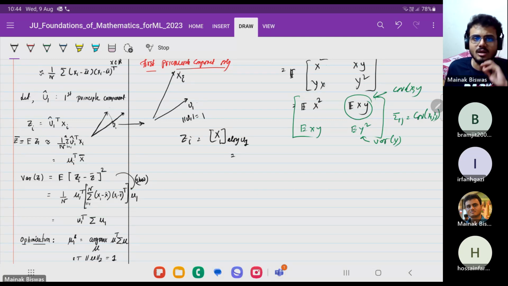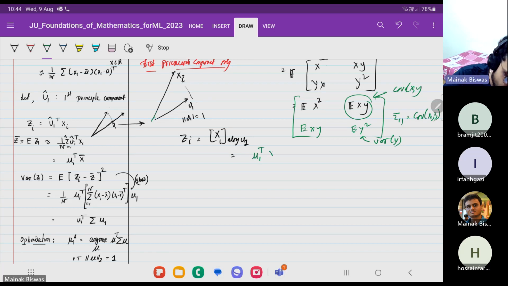Tell me, how will you take a projection of x on u1? I told you last time that projections are one of the most important things. What will be the projection of x1 on u1? u1 transpose x1, right? Yes or no? I think this is trivial for you. So z1 will be u1 transpose x1.